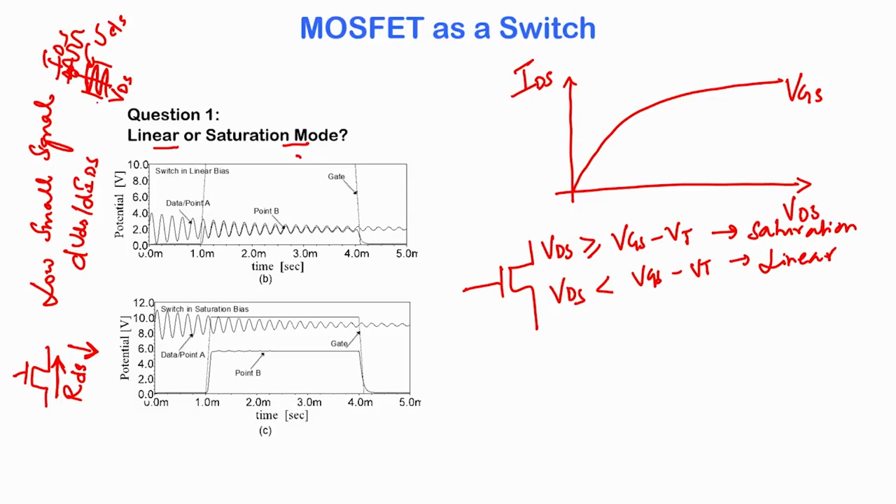So, that is what you mean by small signal analysis. Now, where is the small signal resistance lower, in saturation or in linear? So, if you were to demarcate the saturation region and then you draw the linear region here, what is the small signal slope in the linear region?